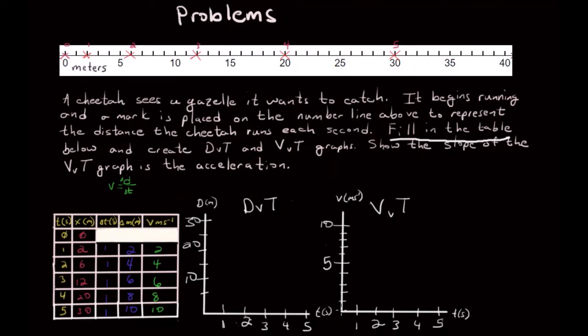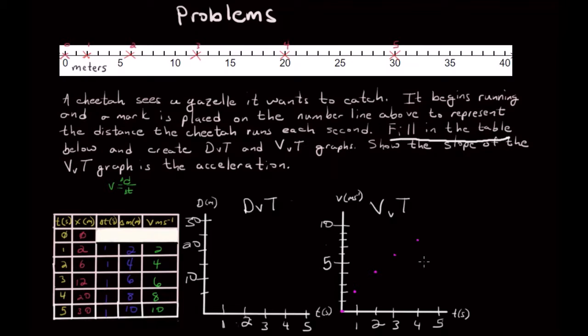All right, so at time 0, we have 0 velocity. At the first second, time 1, it is 2 meters per second. Time 2, it is 4 meters per second. Time 3 is 6. 4 is 8.